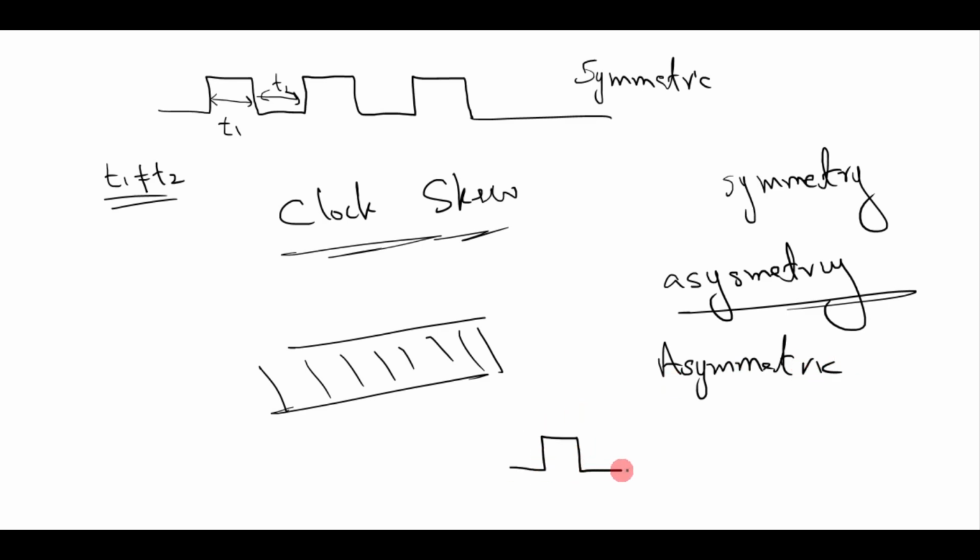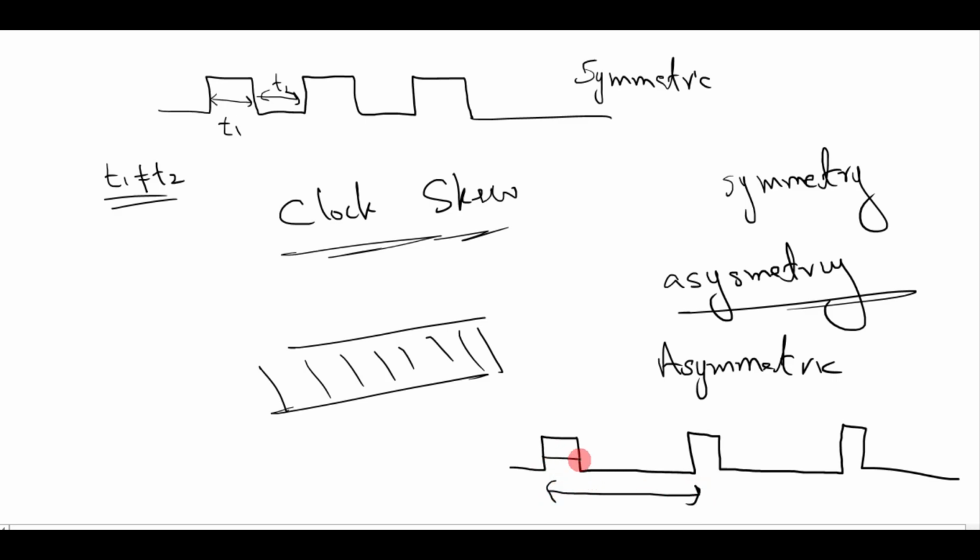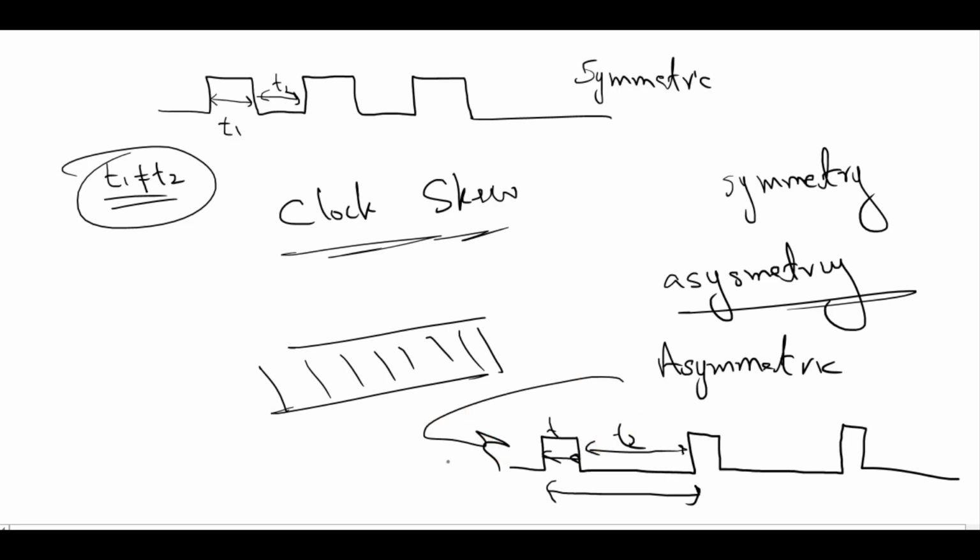For example, this is a periodic clock from here to here, but both this T1 and T2, they are not equal. This is an example of asymmetric clock.